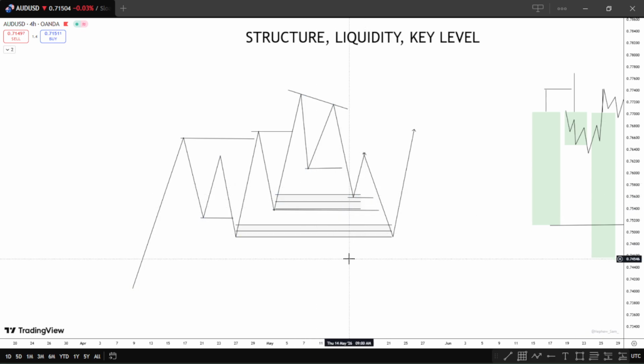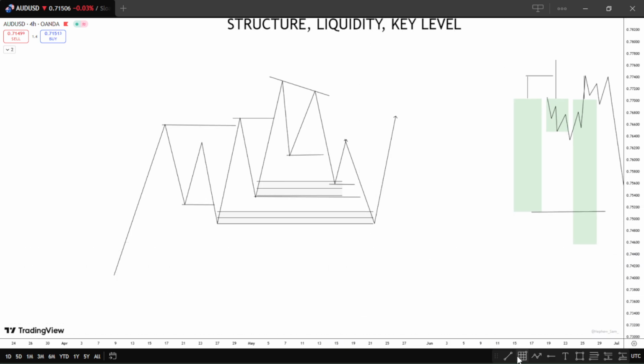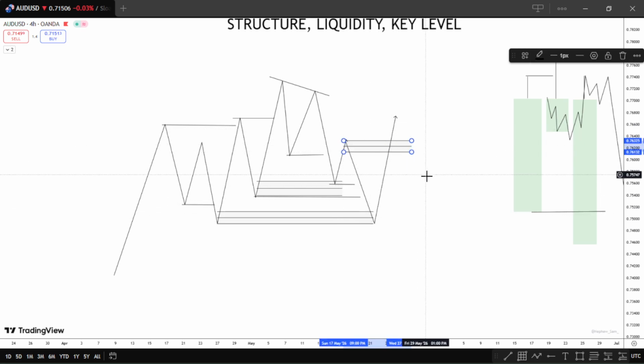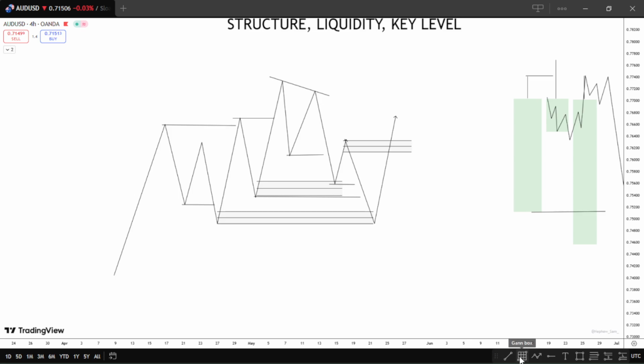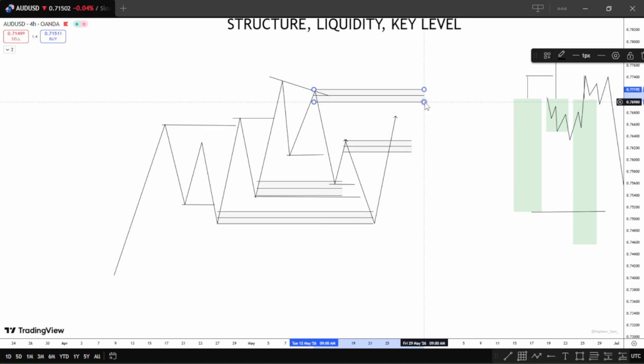Many people might have taken their entry here. This is also a key level, and another batch of people might have taken their entry. Now, people that have the wrong bias, the wrong market direction, are probably looking at this place as a key level for a buy, which eventually they'll be taken out on. They'll still be looking at this place for a buy because they would say, since there is a swing failure, there's probably going to be a retest.